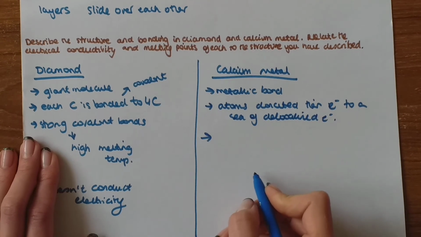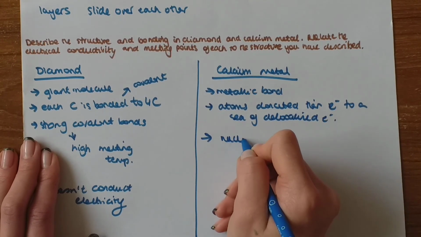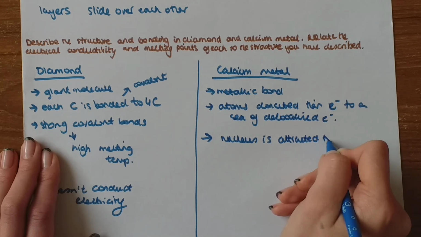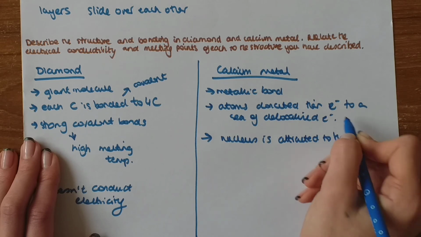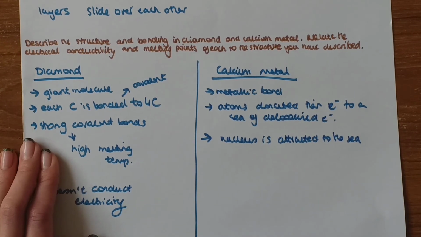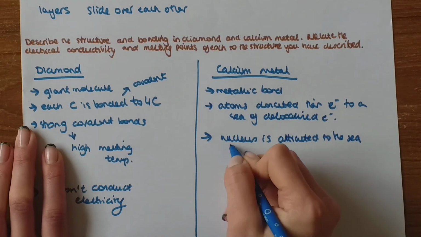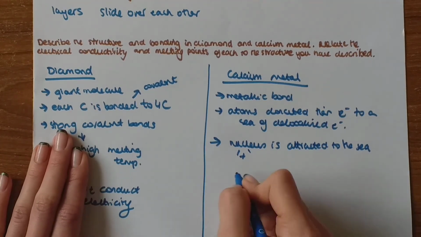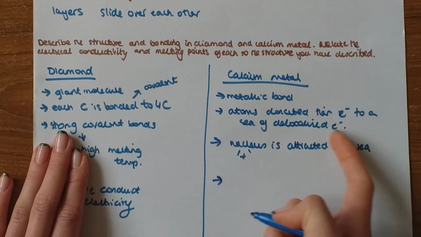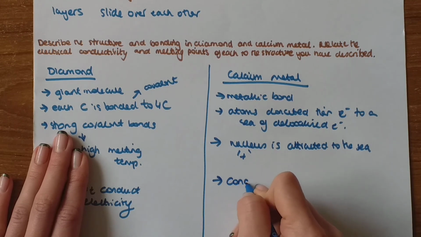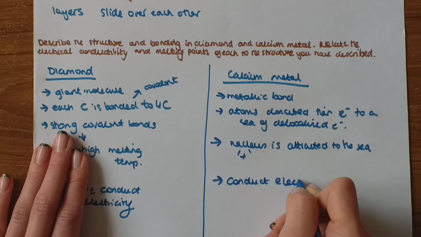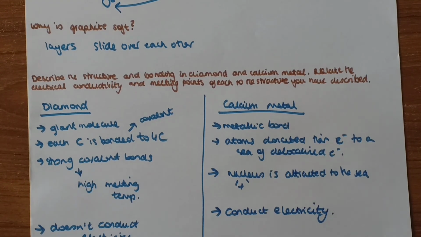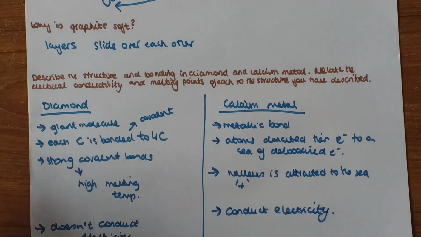What this means is that the nucleus is attracted to the sea of delocalized electrons, because you know nucleus is positive because we have protons in there. So these electrons in the delocalized system mean it can conduct electricity. Electrons flow, they can carry the current, so it can conduct electricity.